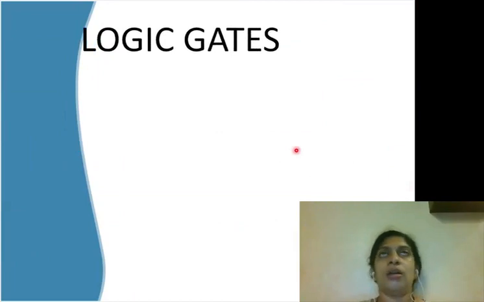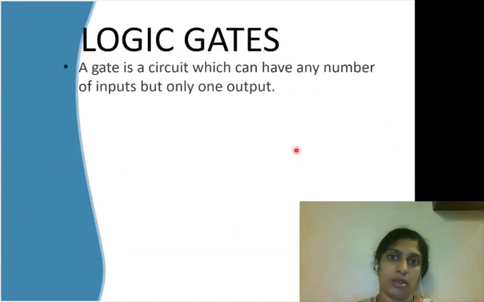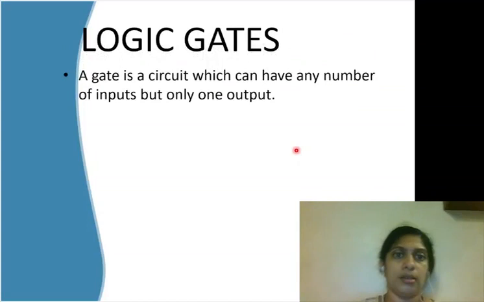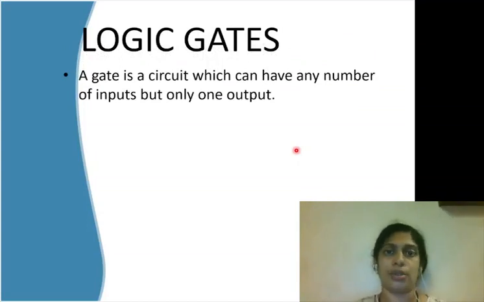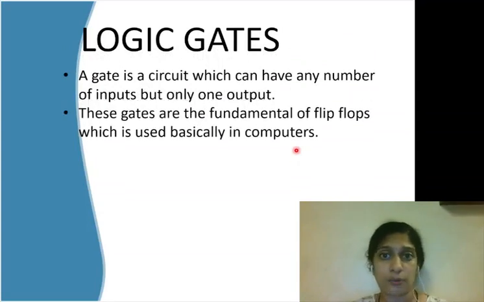Next, if you are talking about the logic circuit, or even a basic circuit, it is the flip-flops. Flip-flops are the basic fundamental components that are used for storage and other purposes in a computer.